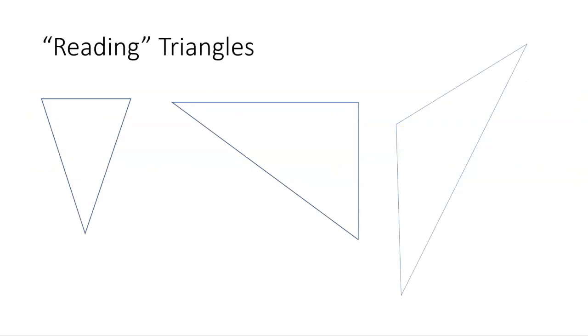First, let's just talk about reading triangles. This may seem silly, but let's just hop in here. So again, this is a side, and a side, and this is an angle, angle, angle. If we were to talk about a side, angle, side, what we're talking about is a side, the angle inside of it, and then the side around it. If we were to talk about side, side, side, we would be talking about all three sides.